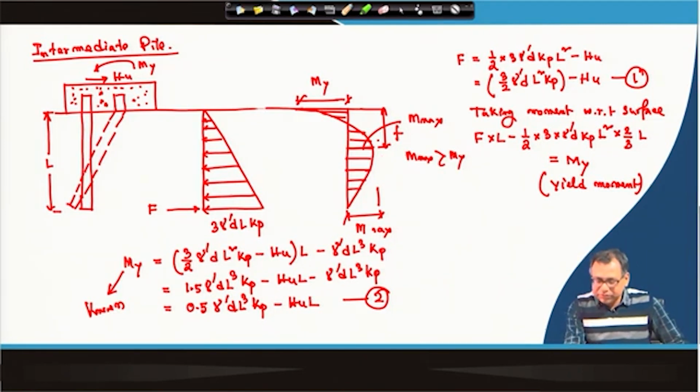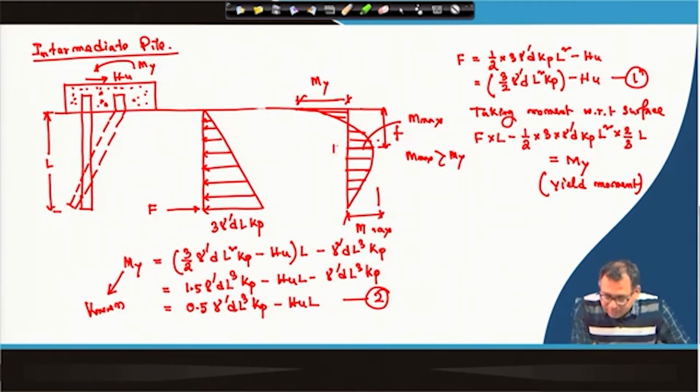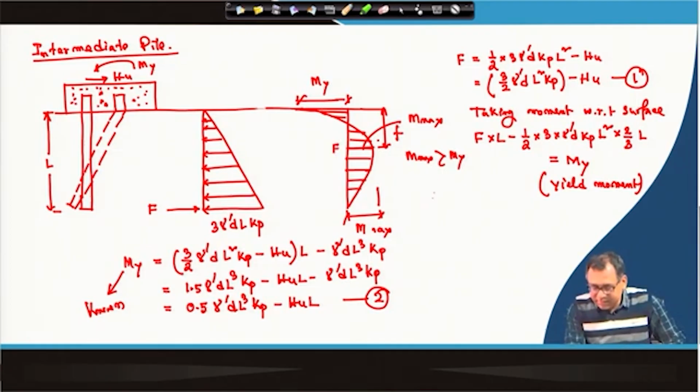If it is greater than M y, then it will be a long pile. That means, if M y is less than the moment which is induced at point f, then it will be a long pile.